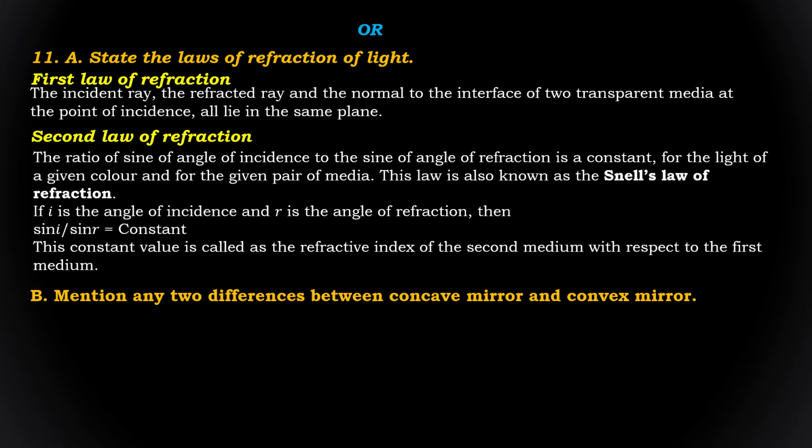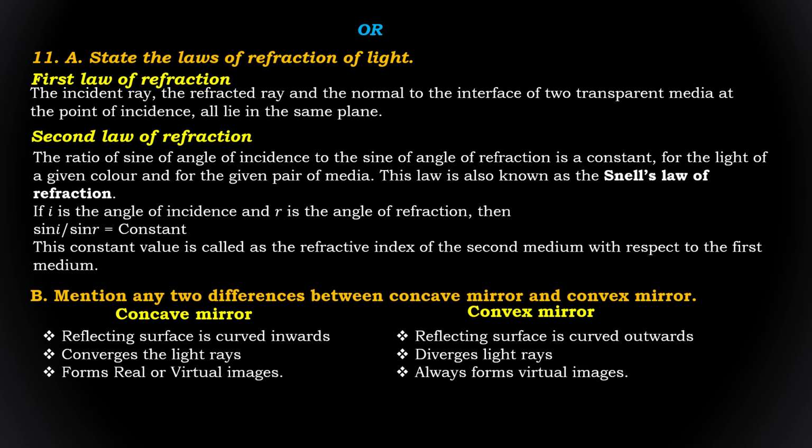Coming to part B, they have asked to mention any two differences between a concave mirror and a convex mirror. The differences are as given below. A concave mirror has a reflecting surface which is curved inwards, whereas the convex mirror has the reflecting surface curved outwards.